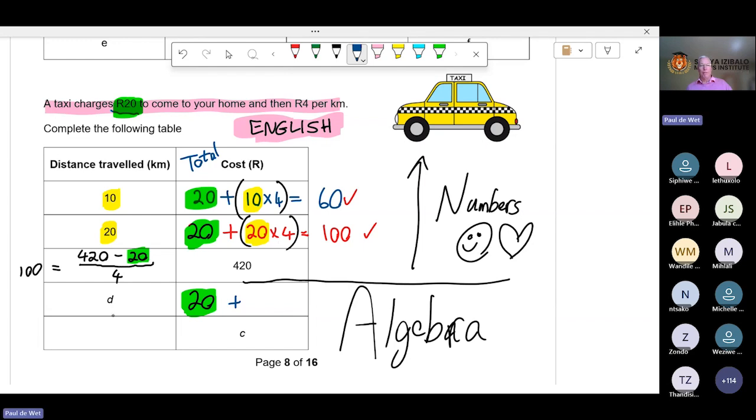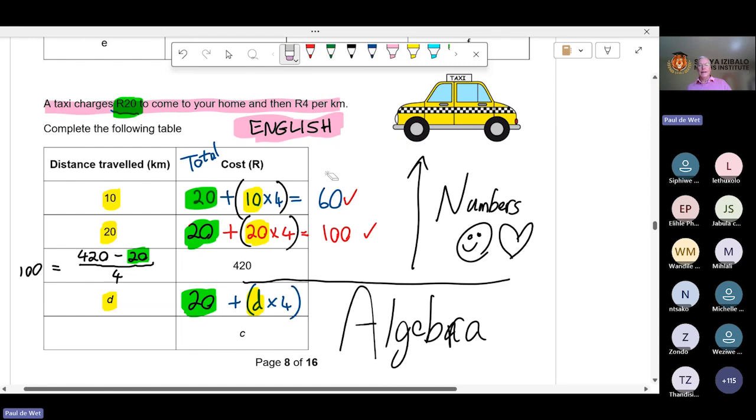Okay, and now the number of kilometers is d times by 4. So 20 plus d times by 4. Okay, I'm going to write something down now. Just bear with me. Do you see that number there is the same? Do you see the same shading in the same places?